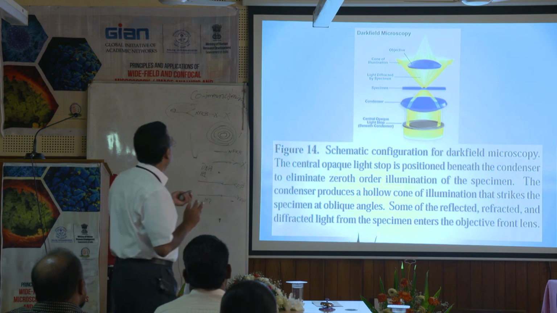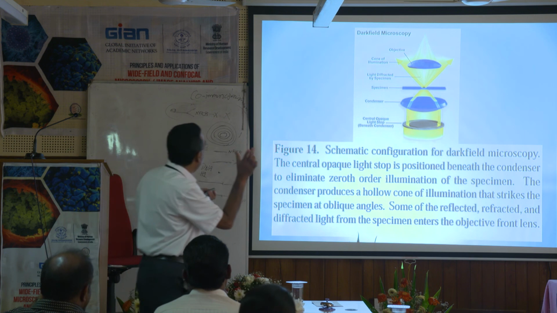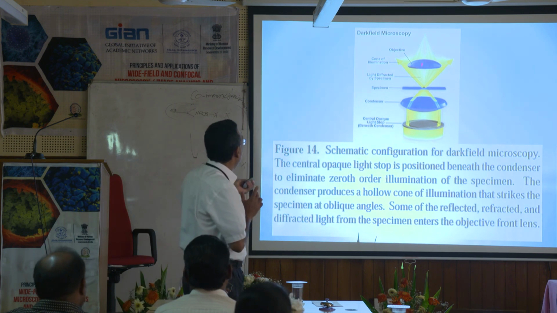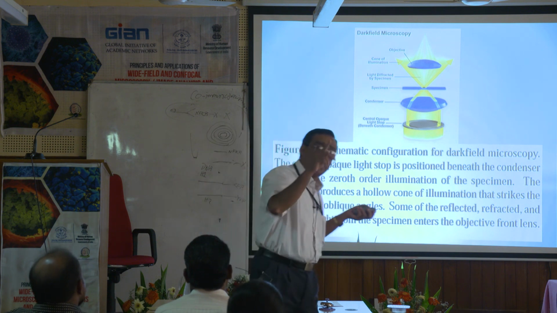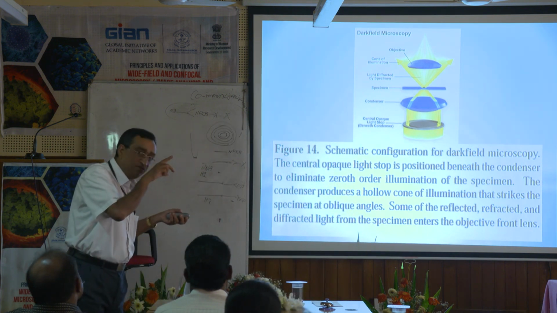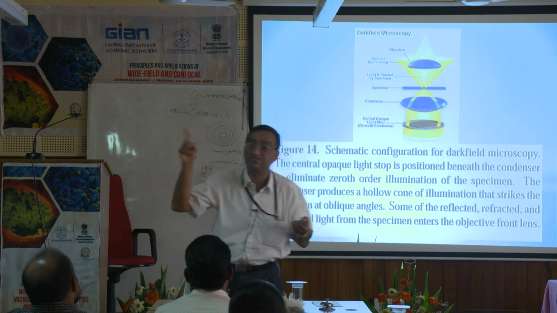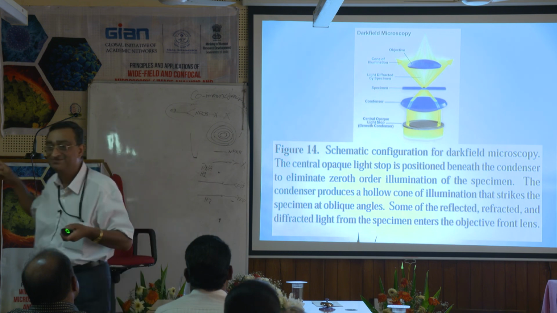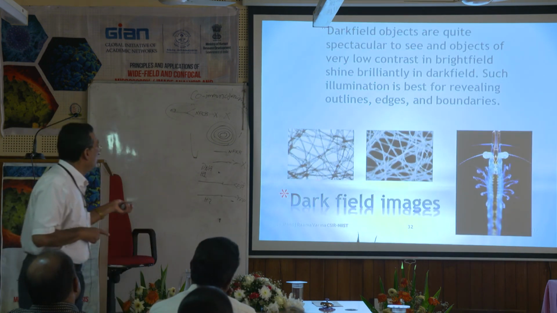Then what happens? You have a cone of illumination, and from the objective this light is entering, and this you are viewing. As a result, whatever has a very bad contrast in bright field becomes very, very good looking in dark field. For example, look, this is a bright field image.